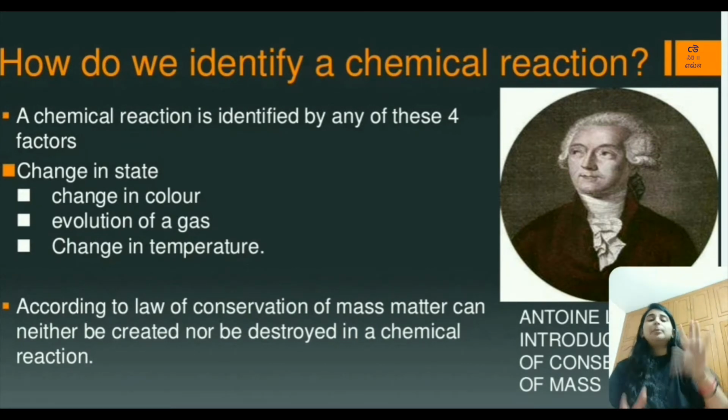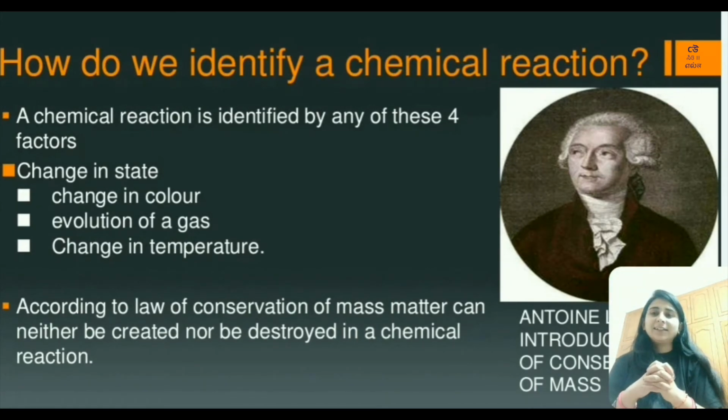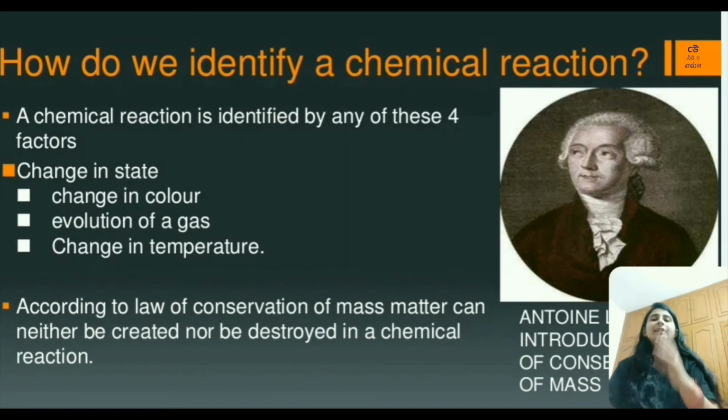When carbon dioxide gas is produced, this shows that yes, this is a chemical reaction, and it has taken place. So these are the 4 extremely important statements regarding how we can identify a chemical reaction.